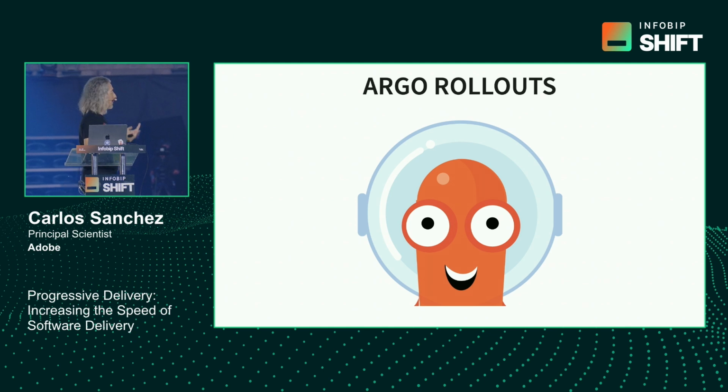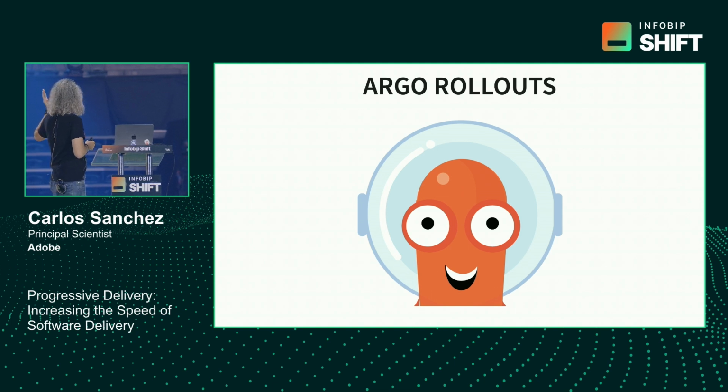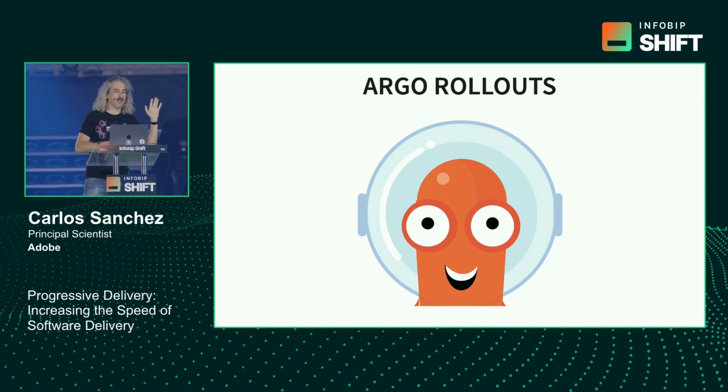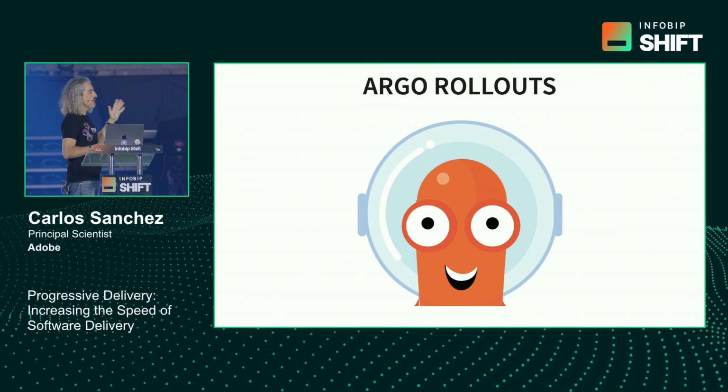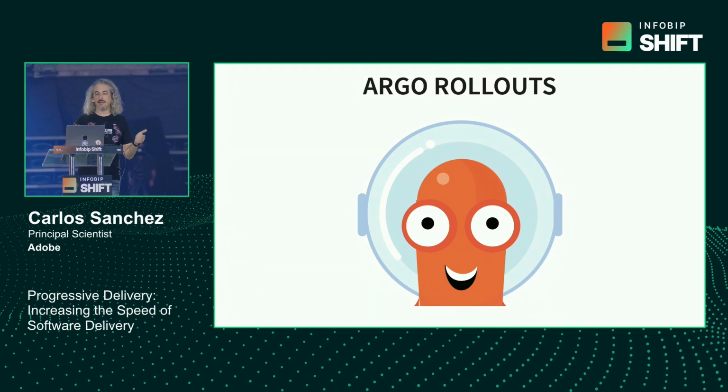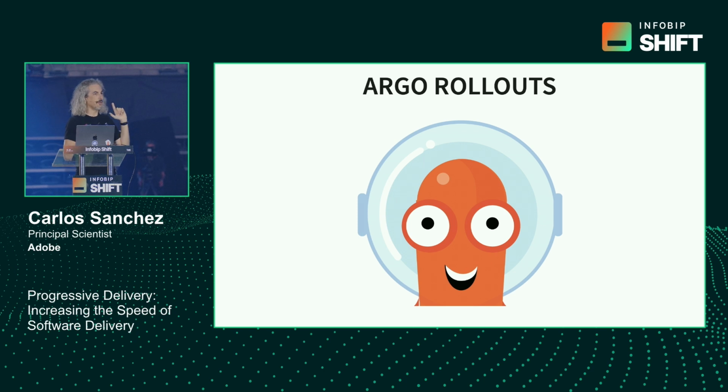Now, anybody heard about Argo? Okay. And specifically, Argo Rollouts? Okay. So a lot of people heard about Argo CD, probably not so much about Argo Rollouts. Argo Rollouts is an open source project, part of the CNCF, and is part of the Argo ecosystem. There's Argo CD, there's Argo Workflows, and I think there was something else.